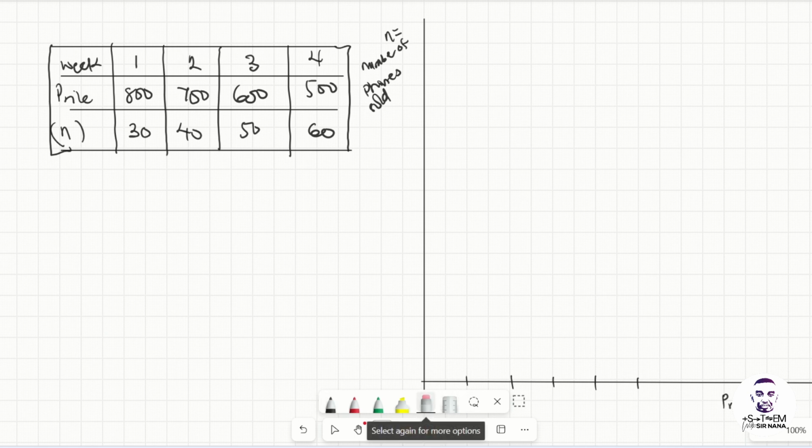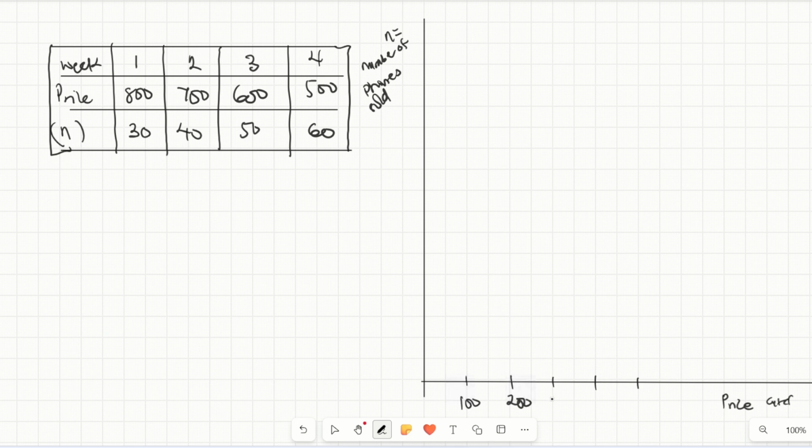So we have 100, 200, 300, 400, 500, 600, 700, and 800. I think the highest price is 800. And for the number, we can have 10, 20, 30, 40, 50, 60, then 70.